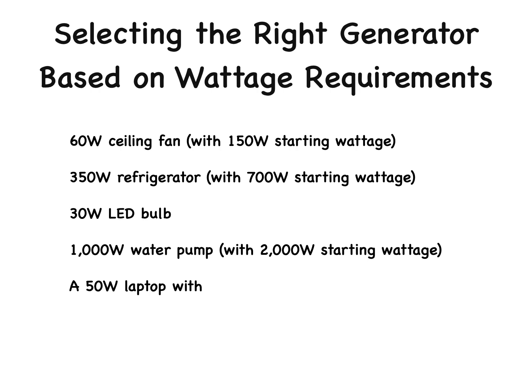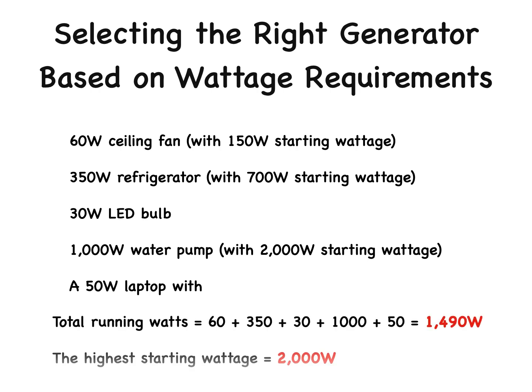In this case, the total running and starting watts can be calculated as follows. The total running watts must equal 60 plus 350 plus 30 plus 1,000 plus 50, which equals 1,490 watts. The highest starting wattage must be 2,000 watts.